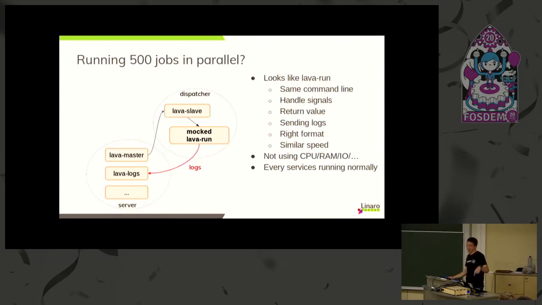But then I had too many jobs running. My laptop was not able to handle that, but on a bit bigger server, you can have 600, 700, more than that, because it's actually not doing anything. So I was able to test that Lava was in fact not able to run 500 jobs. 300 is working, not 500. So that was just another example of what you can do with system mocking.